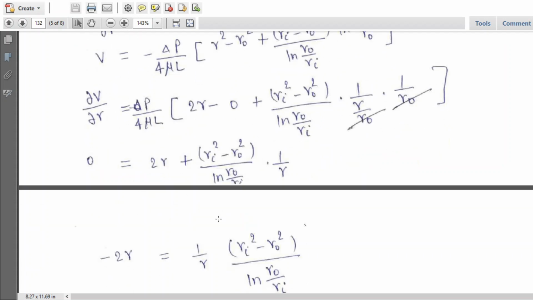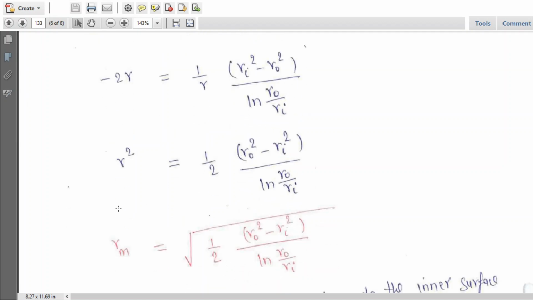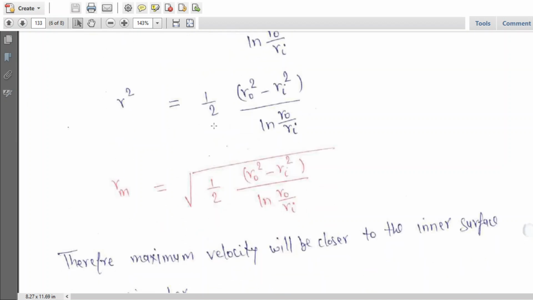Arrange them and then we will calculate this. R square is 1 by 2 times r naught square minus ri square upon ln r naught upon ri. So r for maximum velocity would be the square root of 1 by 2 bracket r naught square minus ri square bracket close, divided by ln r naught upon ri.